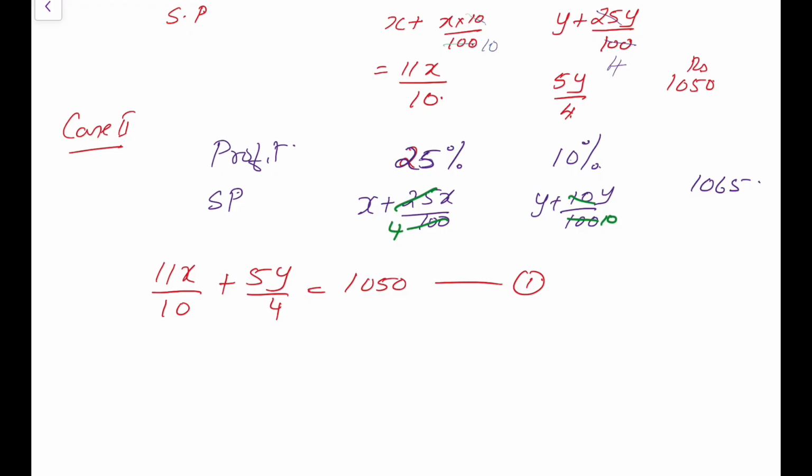Writing the equation now: x plus x by 4 is 5x by 4, and 11y by 10, equal to 1065.